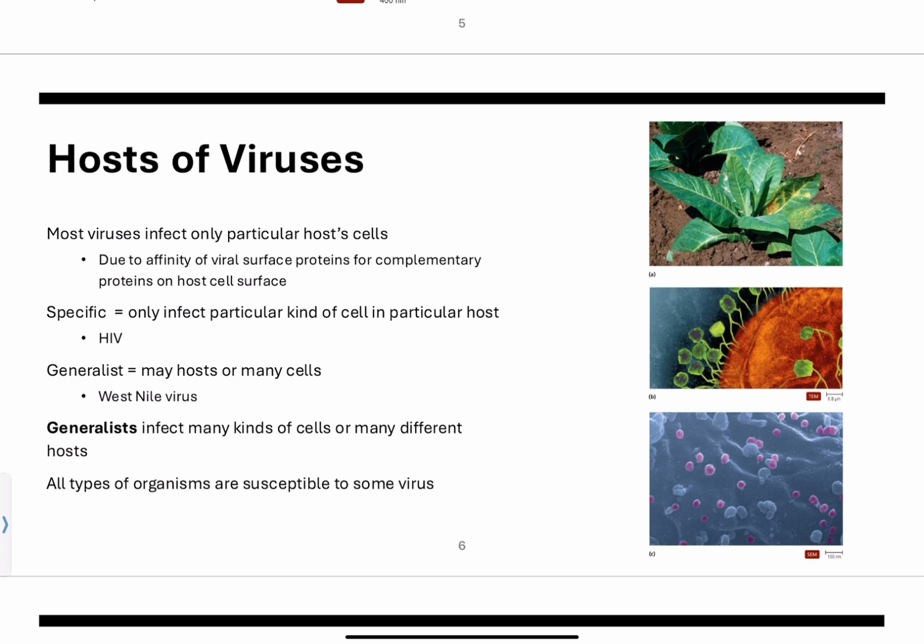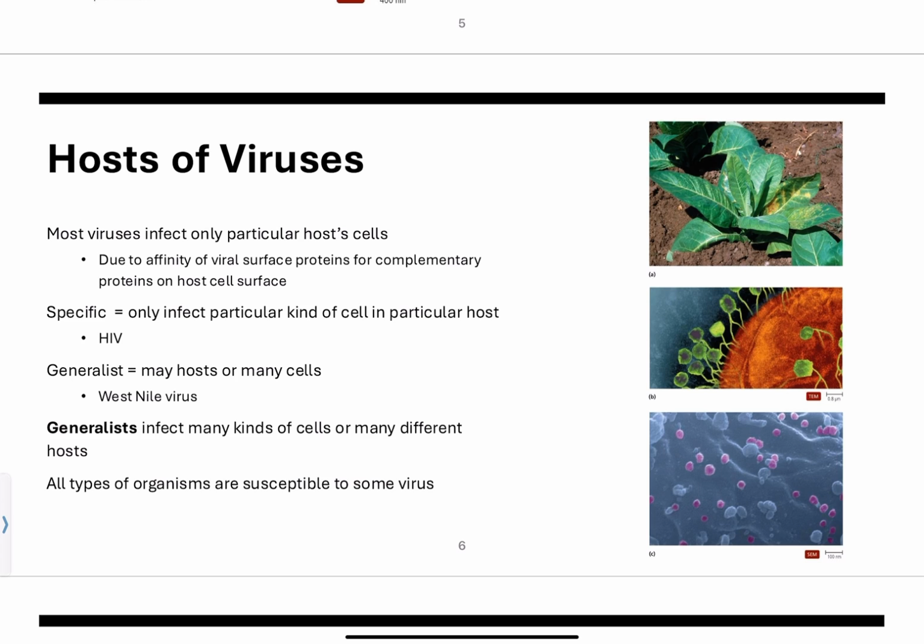For example, human immunodeficiency virus, or HIV, specifically targets the CD4 T cells in humans, whereas something like West Nile virus can affect many different animal species, including birds, us humans, and even horses.